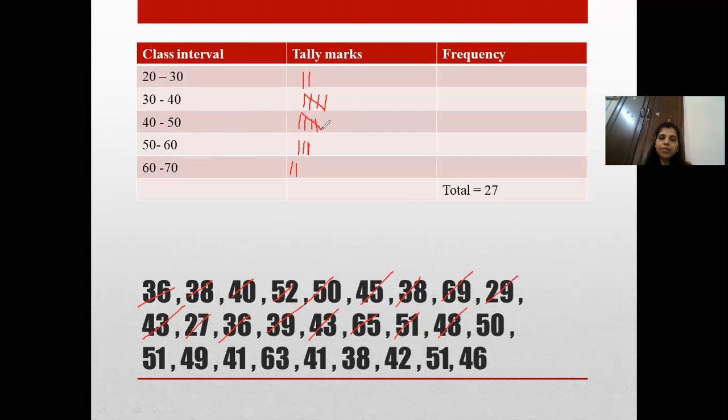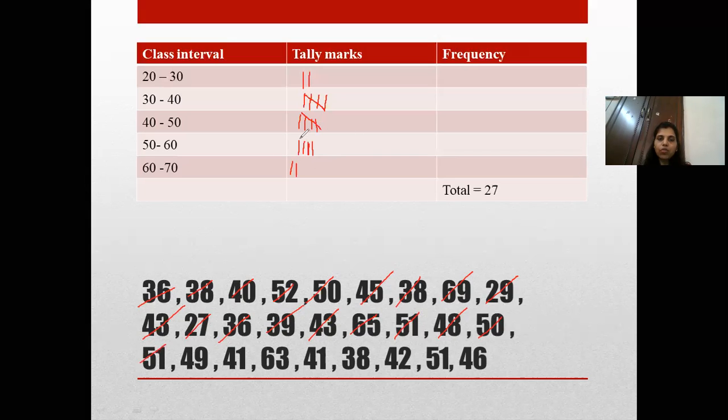Put a slant line. Then 50, as you can see, is in the upper limit and the lower limit. Where it is the lower limit, there it will be placed. So here you have to place 50. Then 51, it will be here.